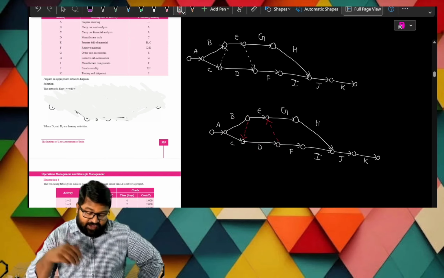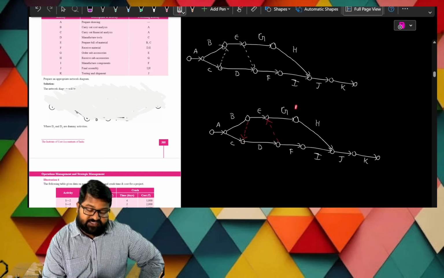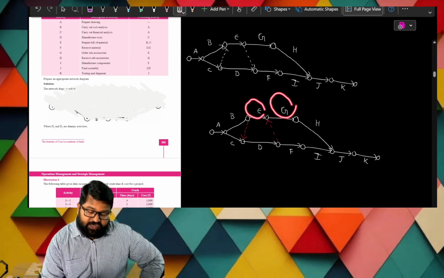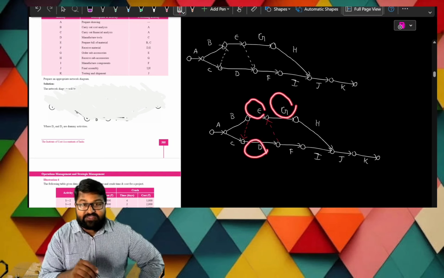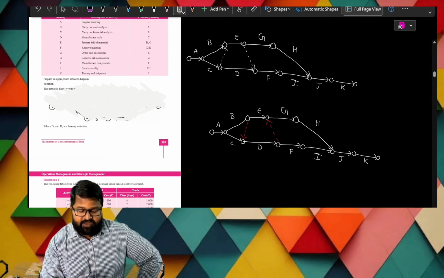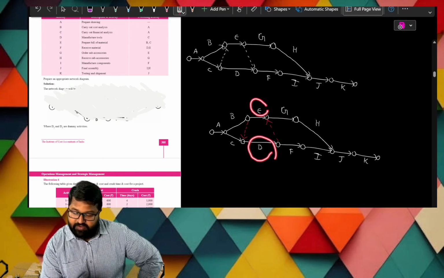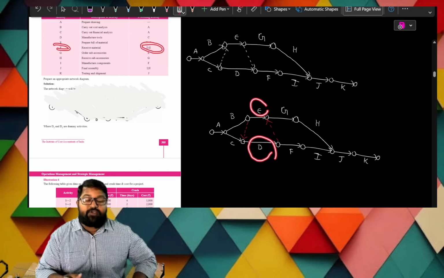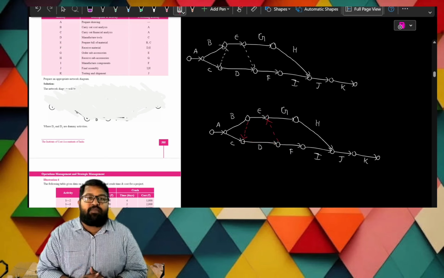No. And let us take G. G starts after the completion of E and D. Is that the condition given in the diagram? No. So if you change the direction of the dummy, you are going to face issues.